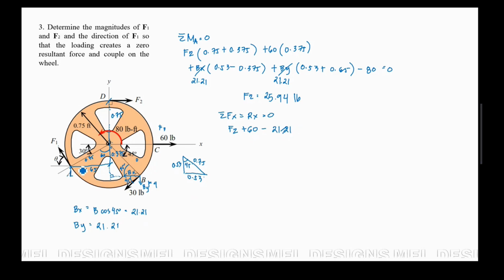Then our F1, let's just take it as F1x, minus F1x is equal to 0. So we have the value of F2 from earlier, which is 25.94.